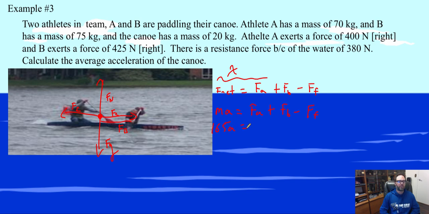And we multiply that by my acceleration, which is going to give me 400 newtons of force A plus 425 newtons of the force applied by paddler B minus 380 newtons. This is going to give me 165a is equal to 445. Then I'm going to divide both of these by 165 to end up getting an acceleration equal to 2.7 meters per second squared right.